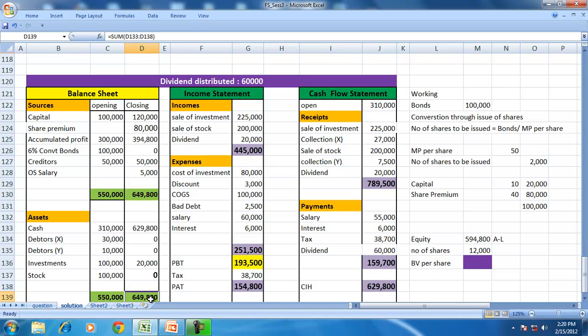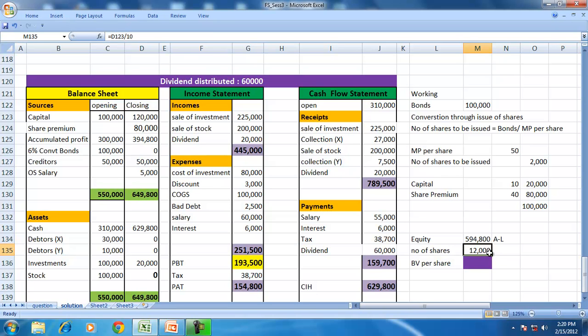The balance sheet tallies, but what is the difference between the previous book value and the current book value? The difference is that the size of the asset has come down.